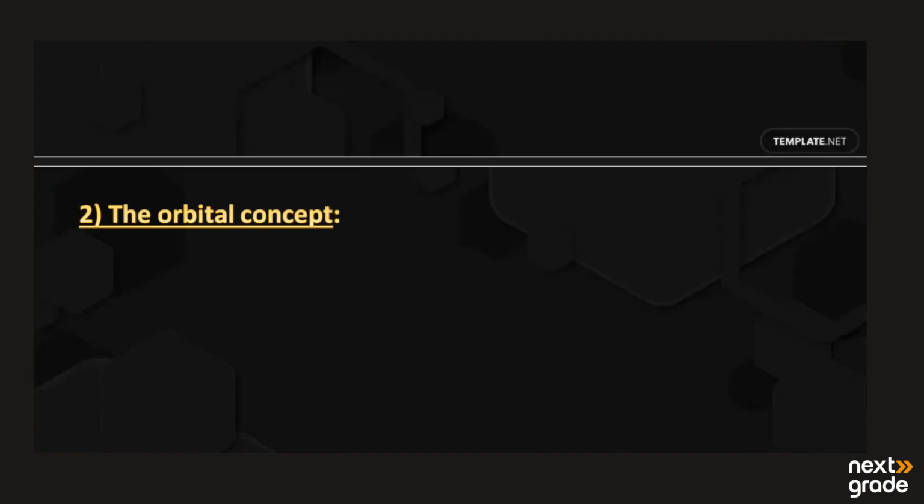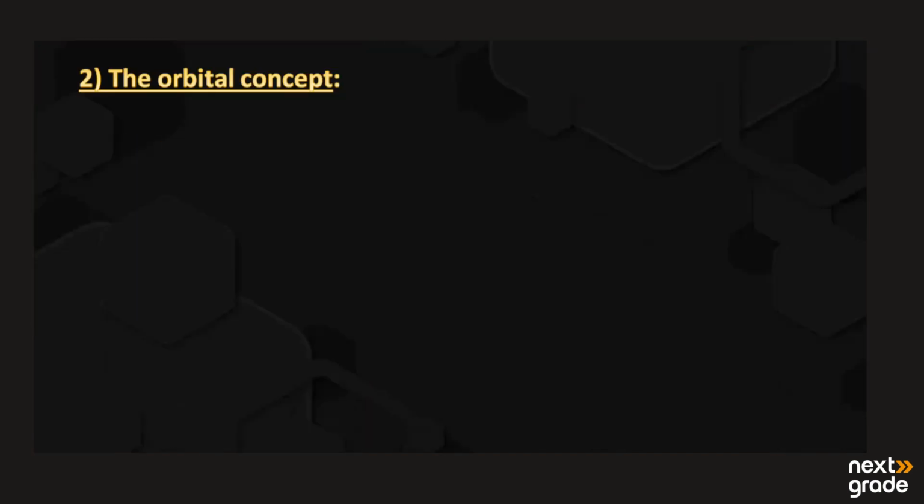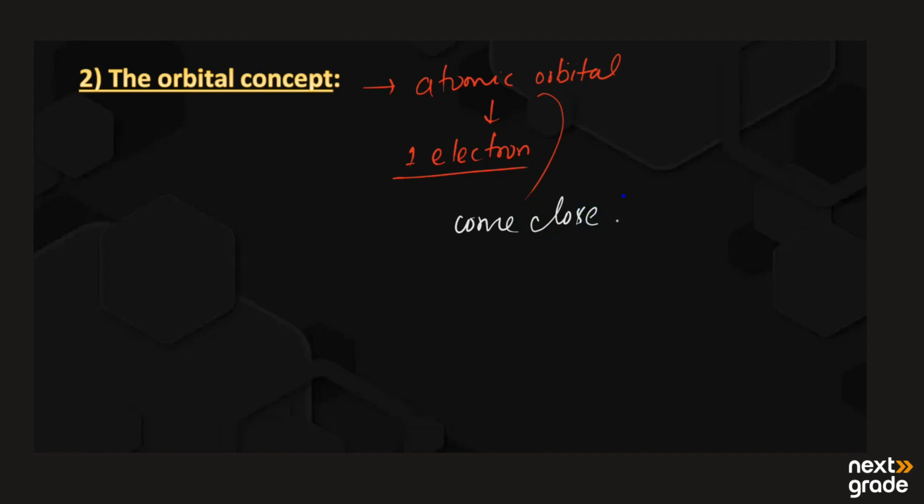Now next we have the orbital concept. The orbital concept explains that it was based on the combination of atomic orbitals. The atomic orbitals have only one electron, and when these atomic orbitals come close to each other, they start to overlap.